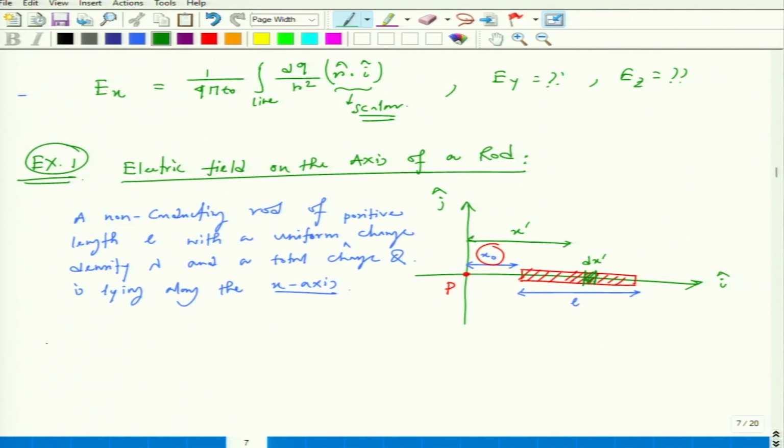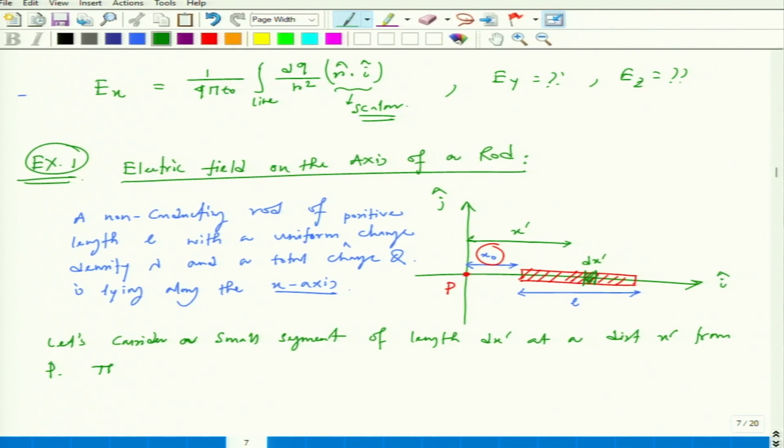So first let's consider a small segment of length dx prime at a distance x prime from P. The amount of charge contained in this small segment dx prime is dq equals lambda times dx prime.